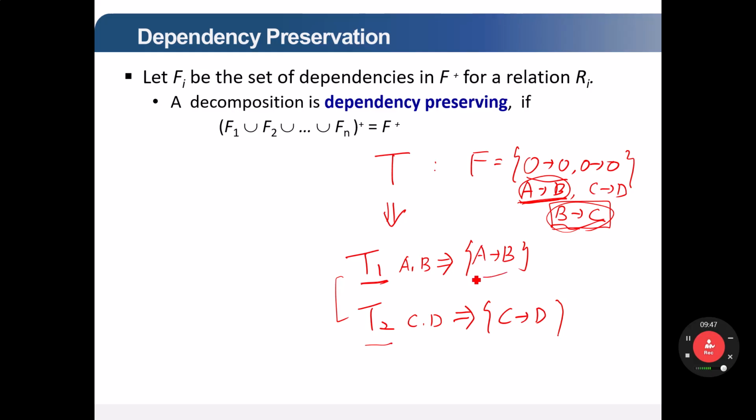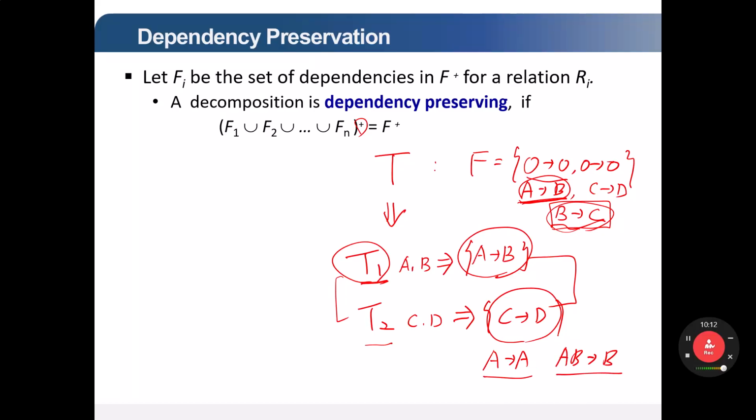So from the functional dependency set for T1, and also for this table T2, you have this functional dependency C determines D. And using these two functional dependencies, you should compute the closure. Then some additional functional dependencies like A determines A, AB determines B, something like this.